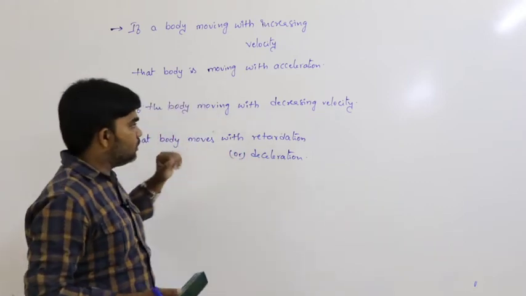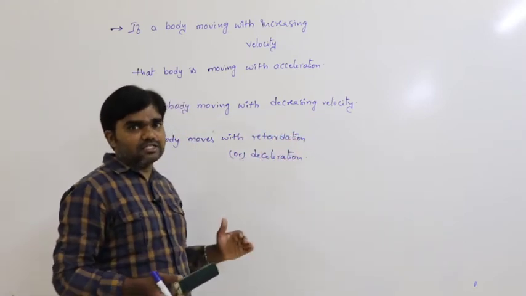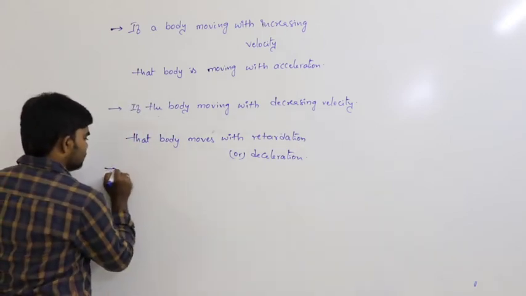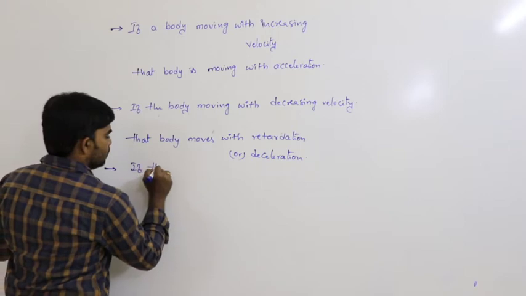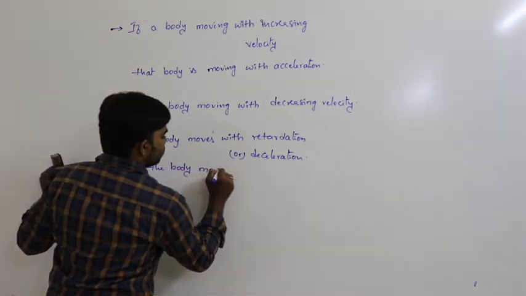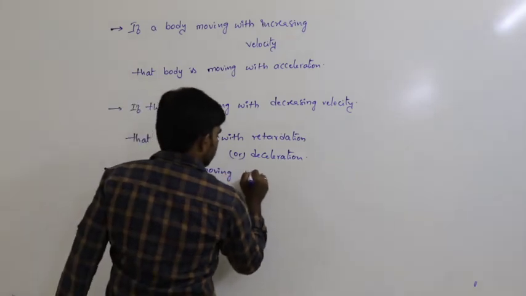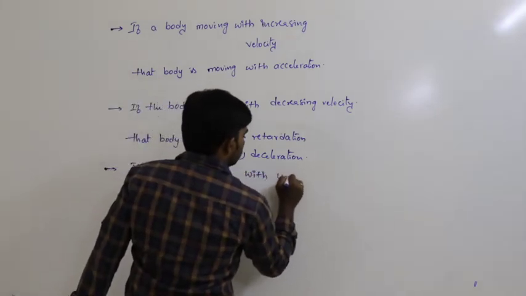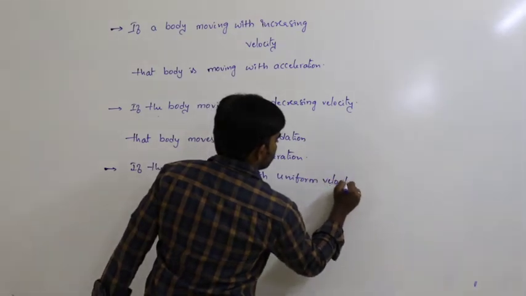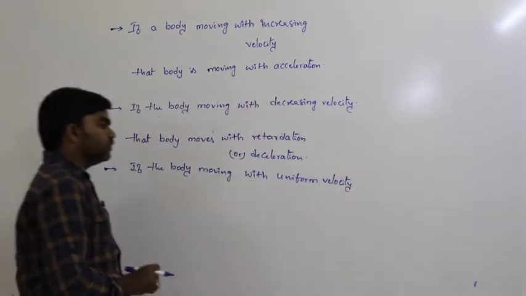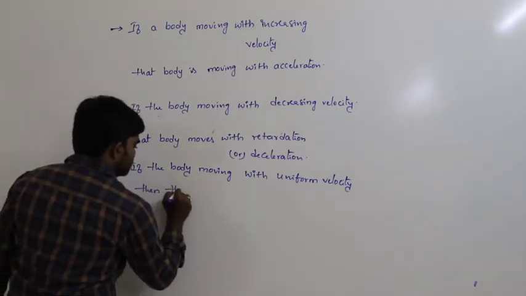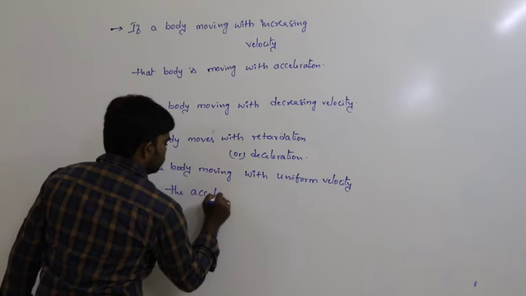Remember these two points, increasing velocity and decreasing velocity, are very important. And one more point: if the body is moving with uniform velocity, then the acceleration of the body must be 0.